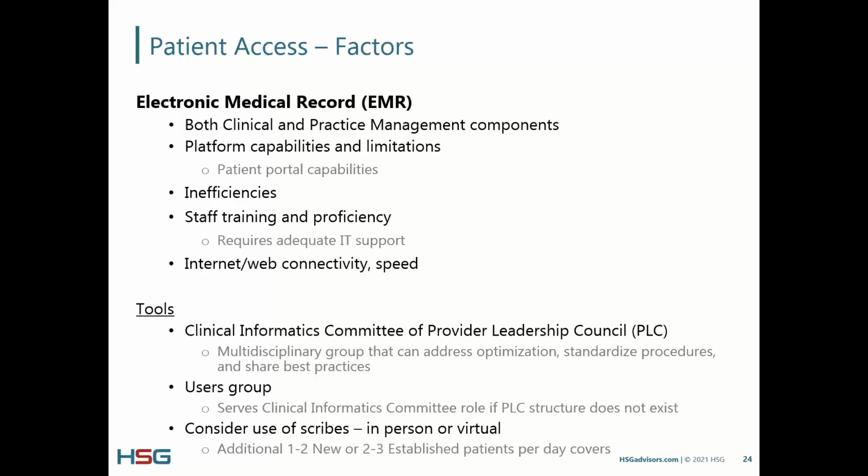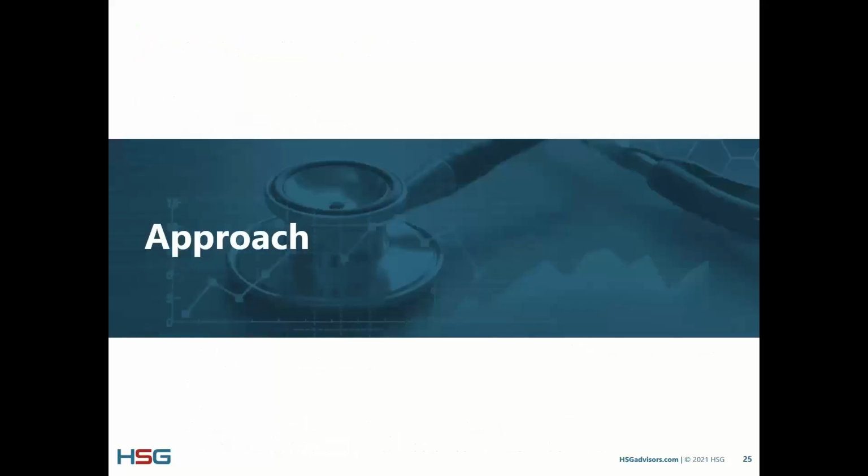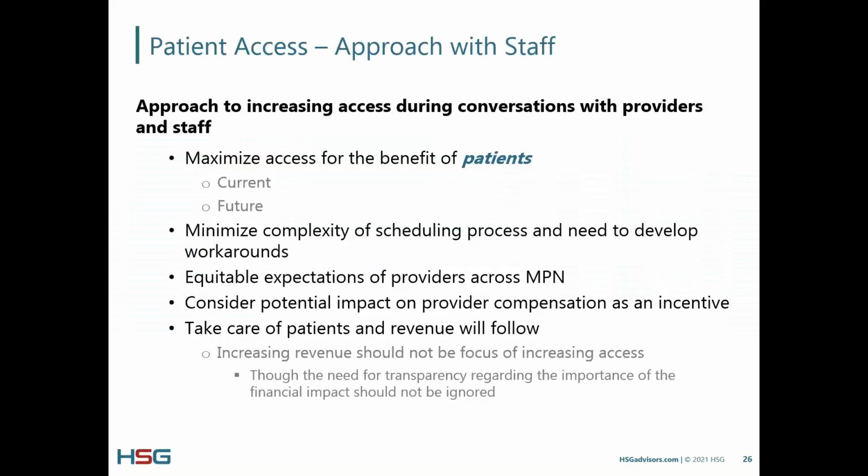So these are a number of the factors to drill down into and see how they positively or negatively affect patient access. But as we approach this topic with our staff, whether it's provider staff or support staff, we need to be cautious in our approach. The common tendency is to talk about revenue, financial sustainability, and those aspects of increasing access.